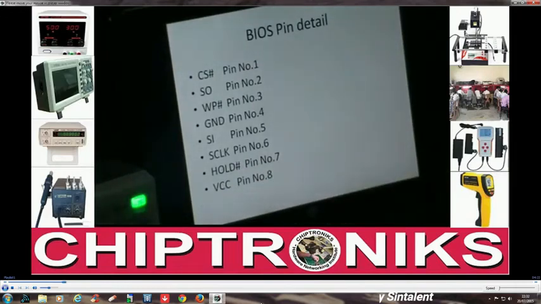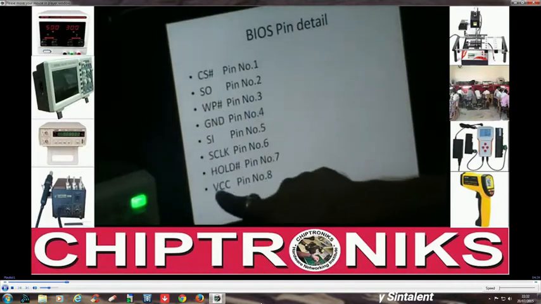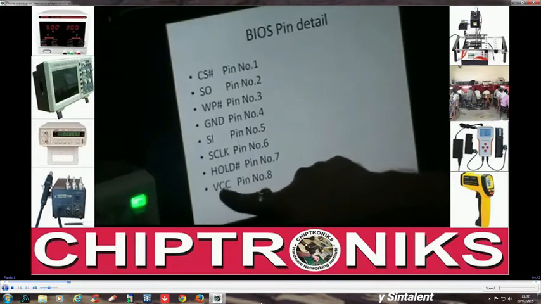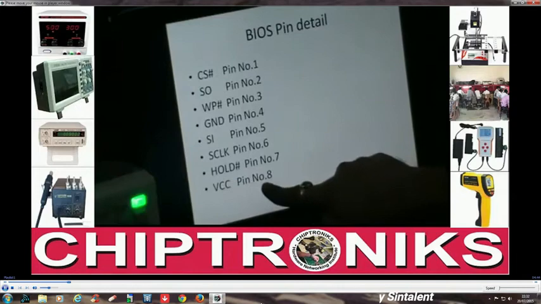Now if you need to check whether the BIOS is faulty or good, or whether it will work or not, you need to check pin number 8, the VCC pin, because this is the main input voltage pin.